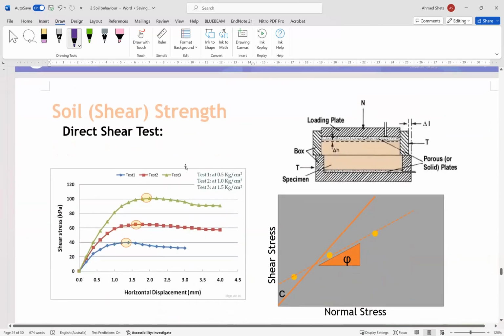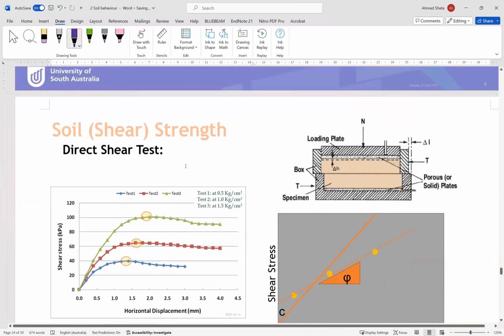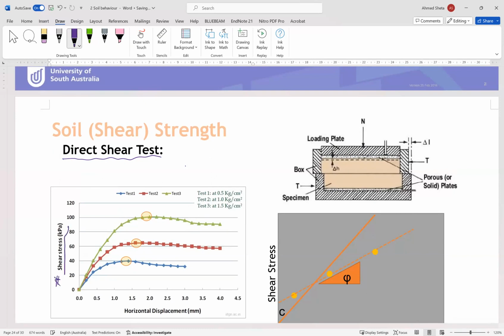And here is the data we got from the direct shear test. We have shear stress on the vertical axis and horizontal displacement in millimeters on the horizontal axis.